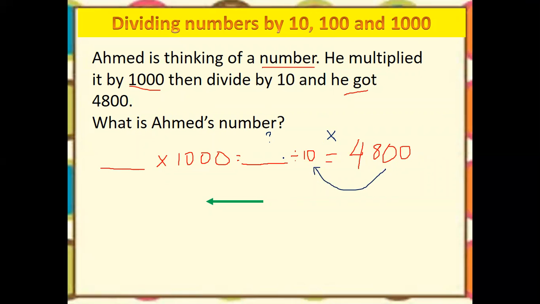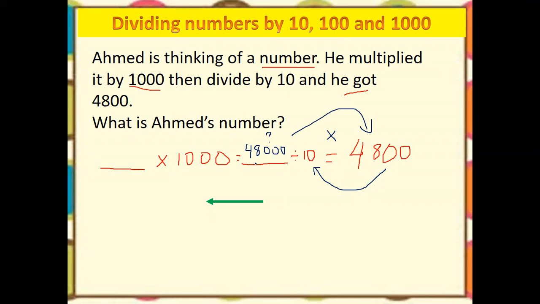So since it's division and the first number is missing, then we will multiply. So it will become now 48,000. So if you will check, 48,000 divided by 10, so we have 1 zero, so you cut and we got 4,800.